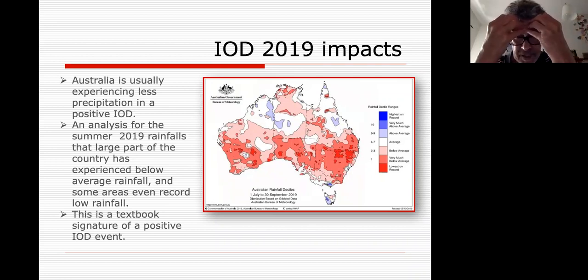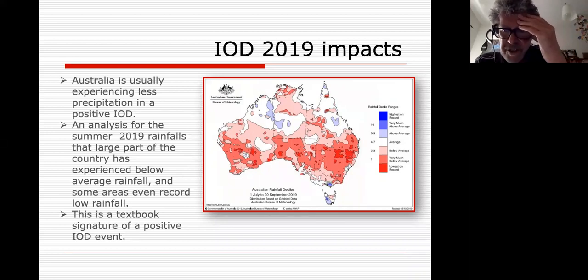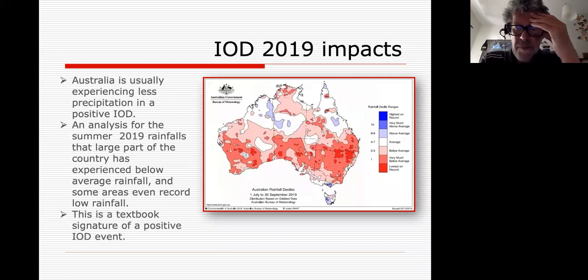Looking at this map, we have the ranges of rainfall expressed in deciles. Essentially, red means very low, the lowest on record in precipitation, while blue is the highest on record.